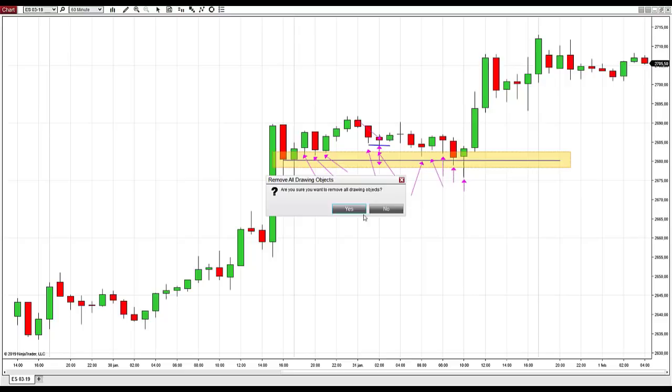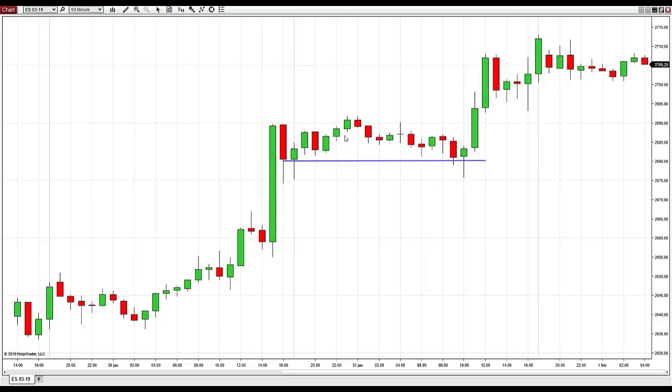So we think you will be much better off if you don't just consider thin straight lines like this. Instead you could use a channel and just identify approximate levels of support and resistance.